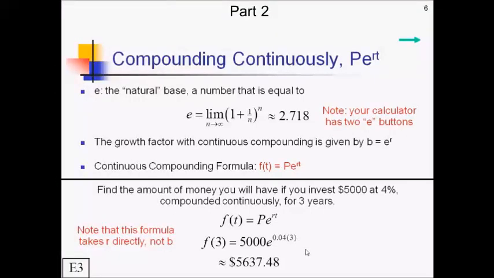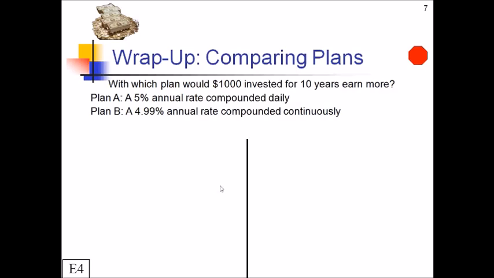Which, if you remember our last problem where it came out to, I believe, 5,636 and some change, this actually isn't that much better. I mean, this is like $1 better, the difference between compounding 12 times a year and compounding an infinite number of times a year. So what we've seen on the last three examples is that continuous compounding is going to beat out other types of compounding with the same amount of money invested for the same amount of years at the same interest rate.